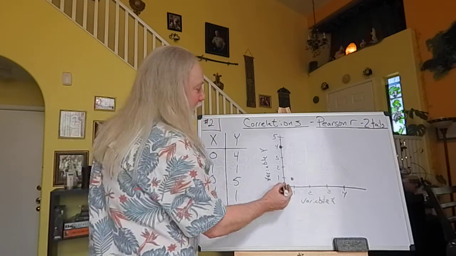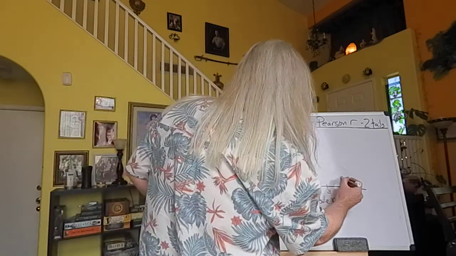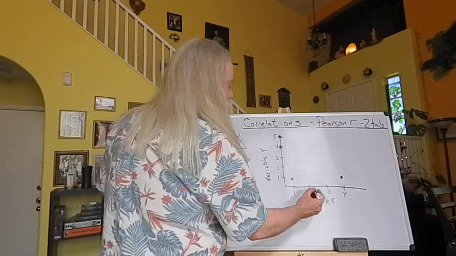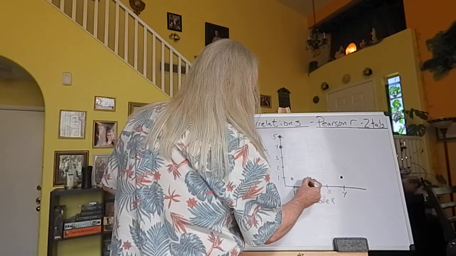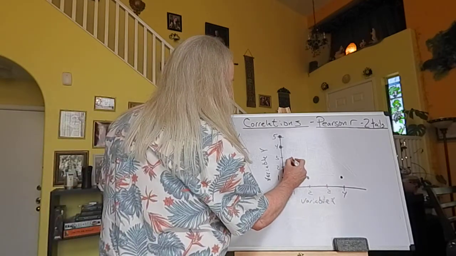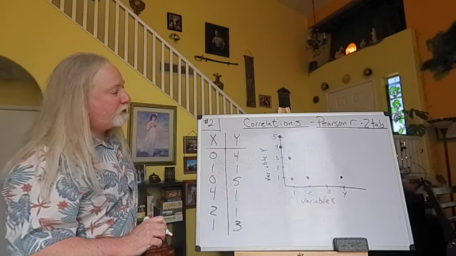A 0 and a 5, 0 and up to a 5. A 4 and a 1, over to 4, up to 1. A 2 and a 1, over to 2, up to 1. And a 1 and a 3, over to 1 and up to 3. So we have all of our dots.